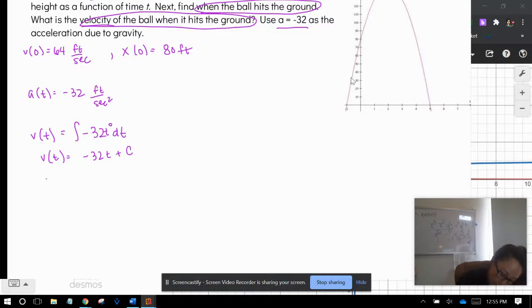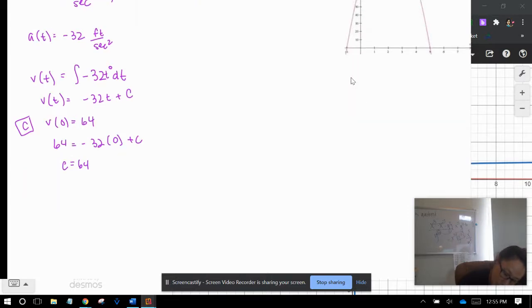I can solve for c by knowing that v of 0 is equal to 64. So 64 is equal to negative 32 times 0 plus c. So c is equal to 64. So our particular solution is v of t is equal to negative 32t plus 64, replacing c with 64.